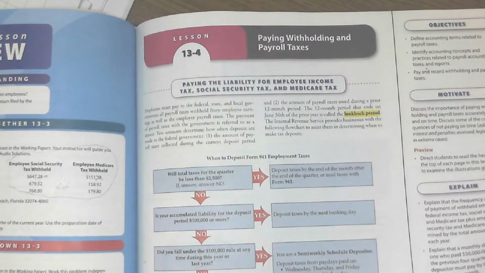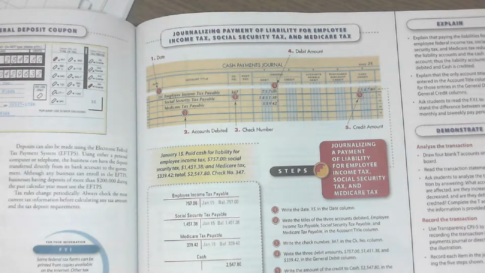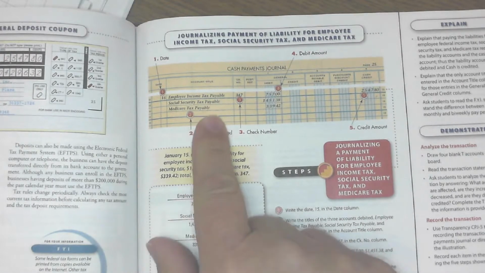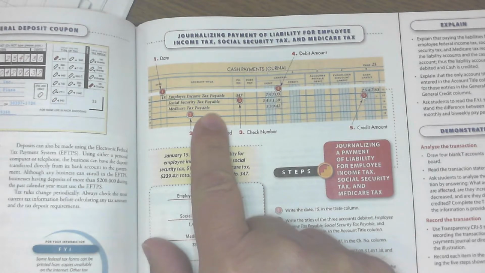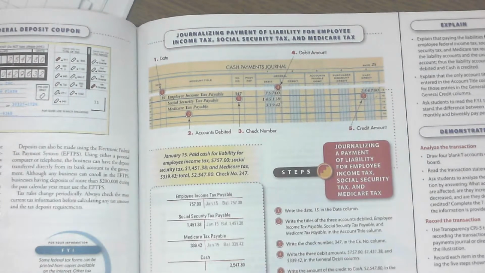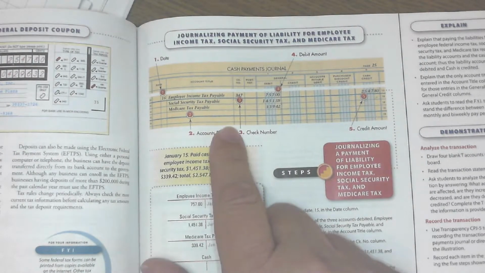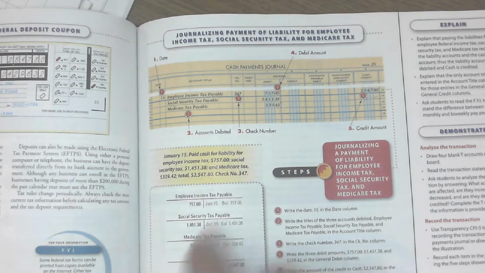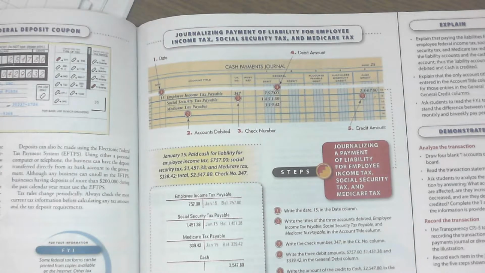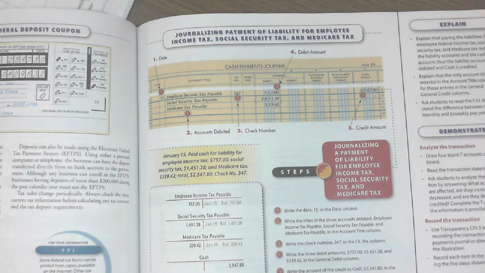All we're doing is journalizing the payments for the taxes, and we're going to use 3 different checks for these payments.